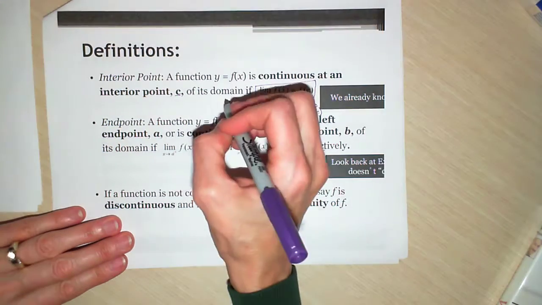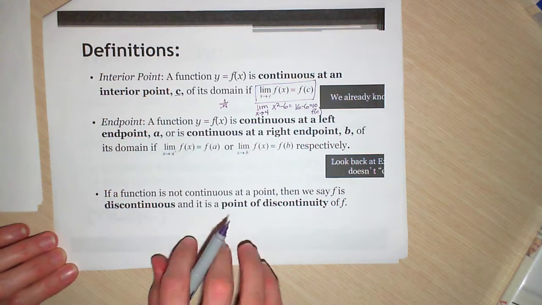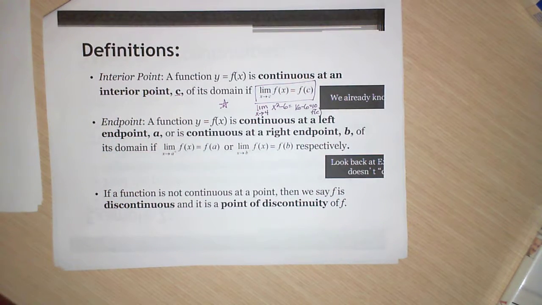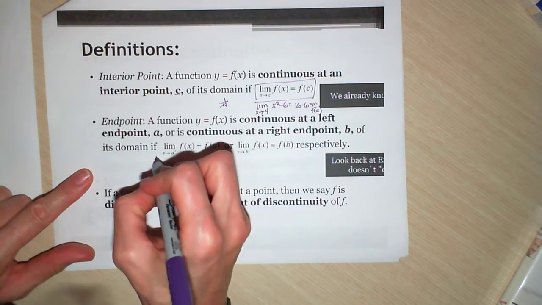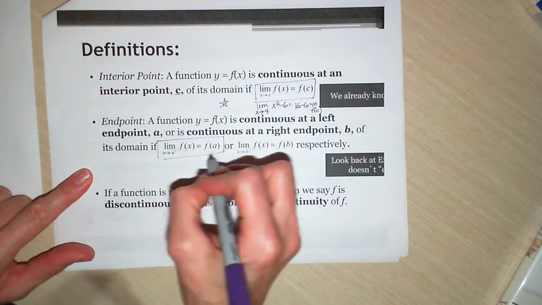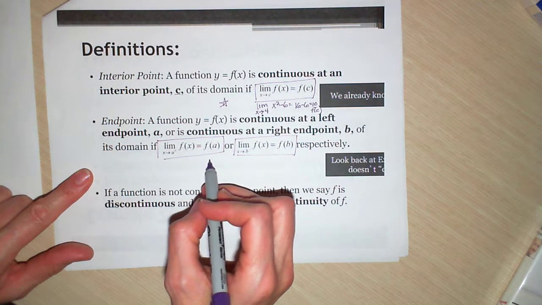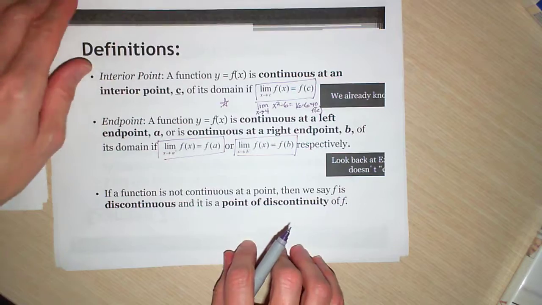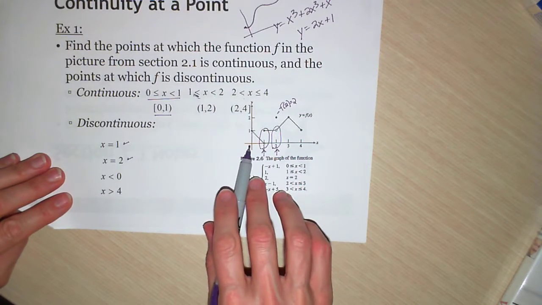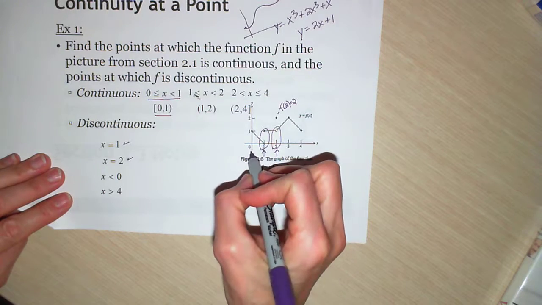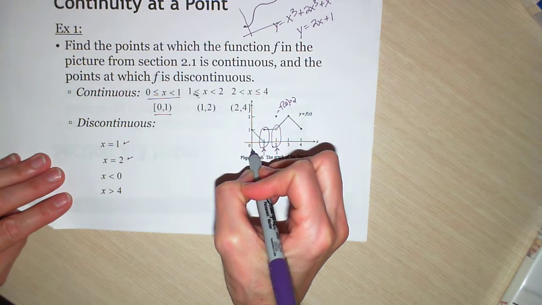So this we already knew, right? We knew that. We're continuous if when we put an input in, we get an output out. And then at the endpoints, we look at just approaching the endpoints from either side. So I'm going to flip back quick here to this function. Because if you look at 0, x equals 0 is an endpoint.